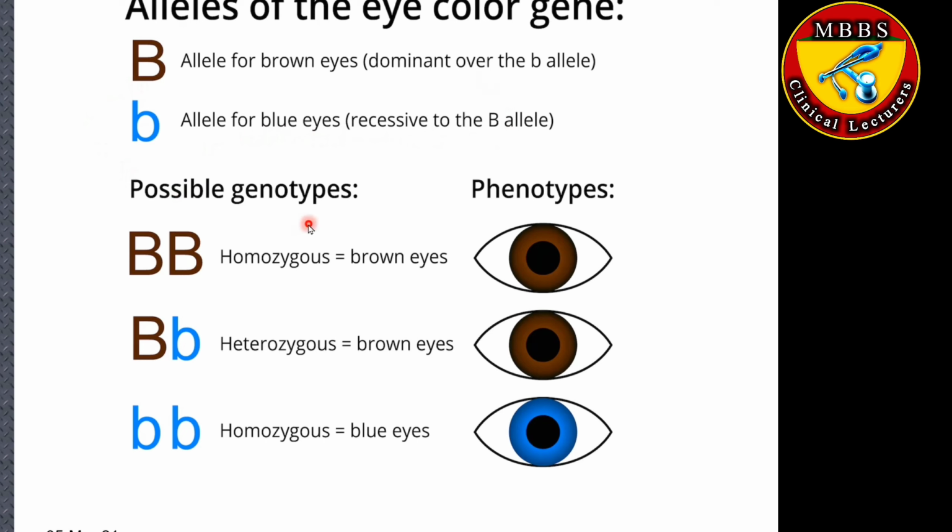So the possible genotypes will be homozygous, heterozygous or homozygous. When it is homozygous dominant, it will give the phenotype of brown eyes. When it's heterozygous, again the dominant is brown eyes. When it is homozygous recessive, then it will give blue eyes.